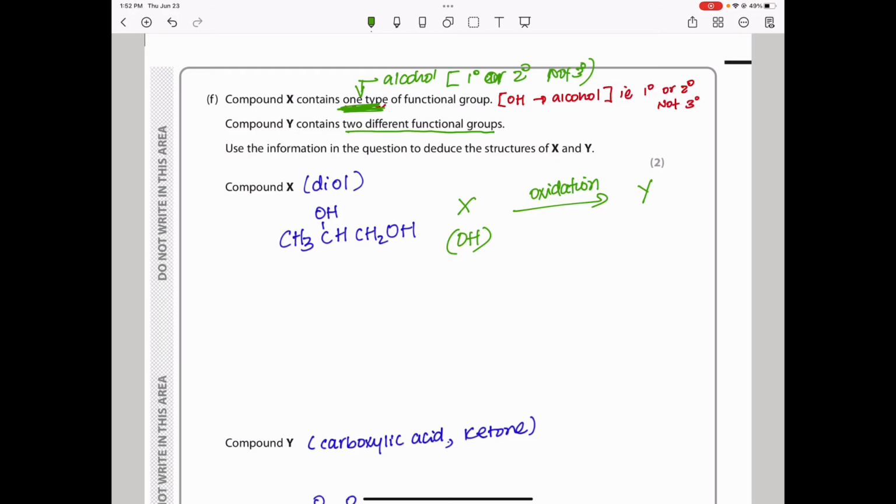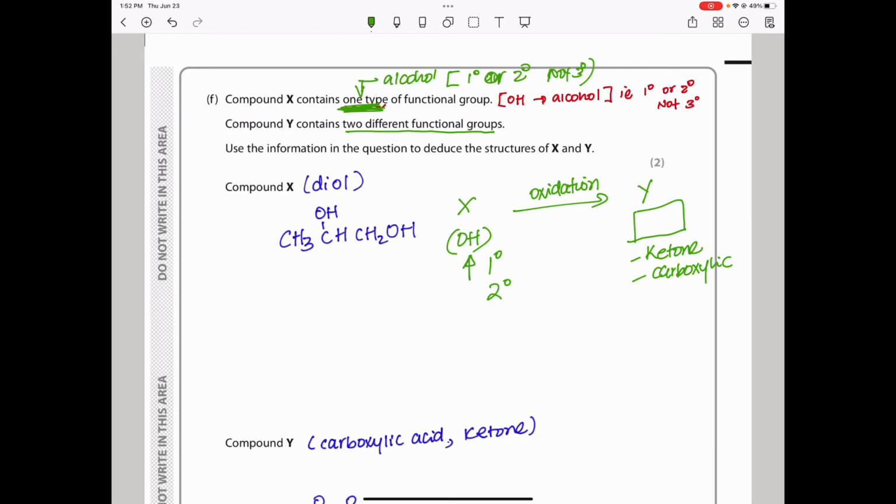It means the functional group present in here cannot be OH, because OH, if it was present, it would be oxidized. It means we must have produced maybe a ketone and a carboxylic acid. So it means X must have had a primary alcohol as well as a secondary alcohol.